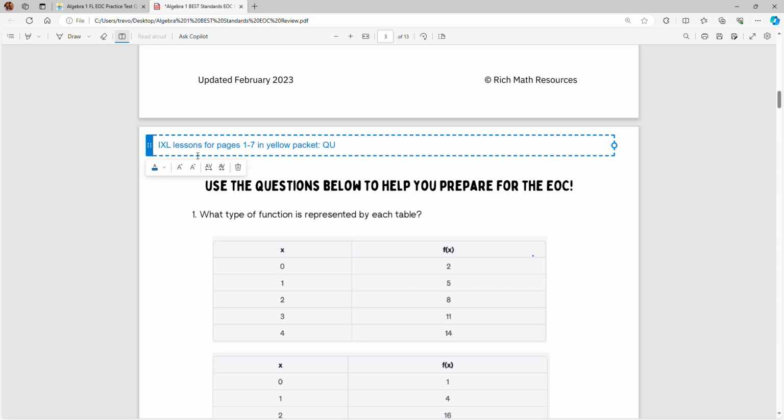Question 1, IXL lesson YVX. Question 2, lesson HWM. Question 3, Y6U and 5-6E.